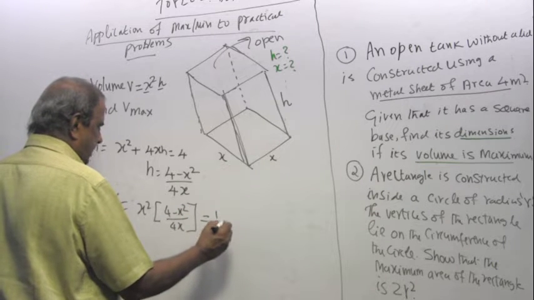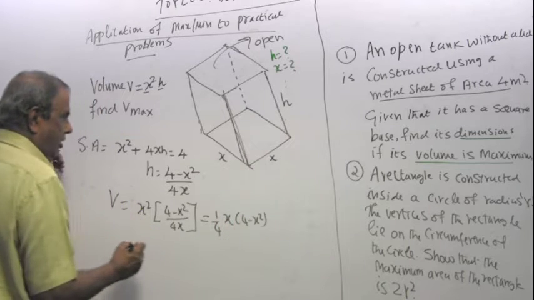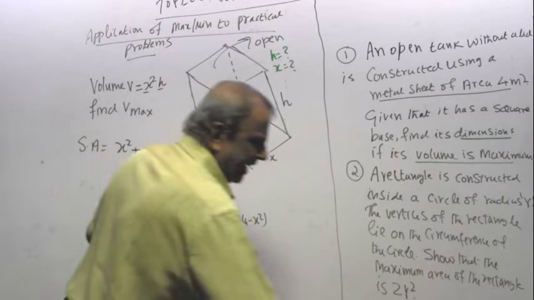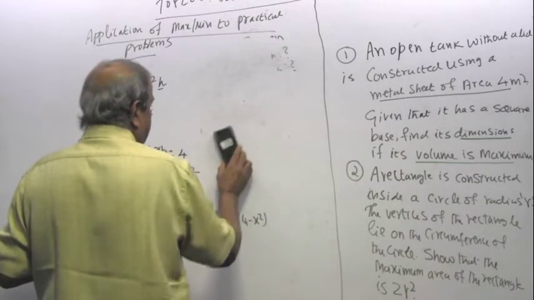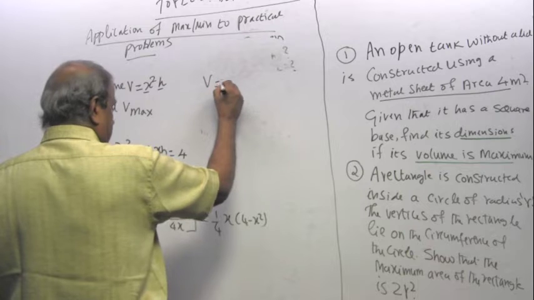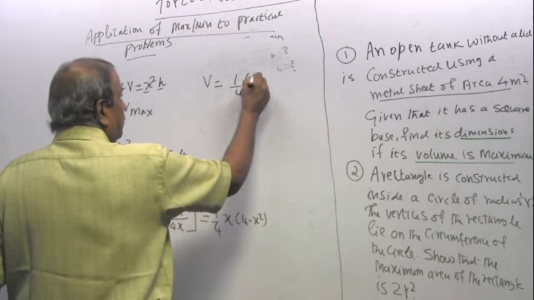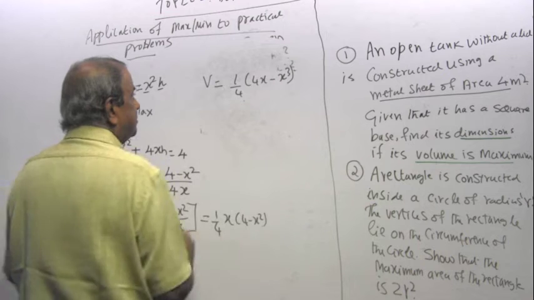That's a quarter x times (4 minus x squared). Now I don't need the diagram, so I'll get rid of the diagram. So volume equals quarter times (4x minus x cubed). Very good.